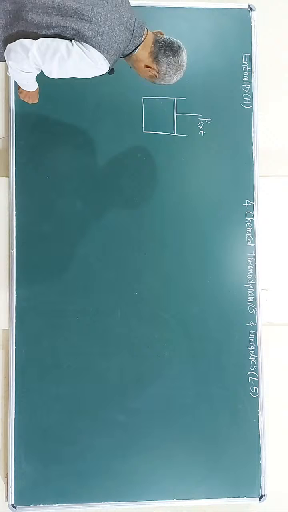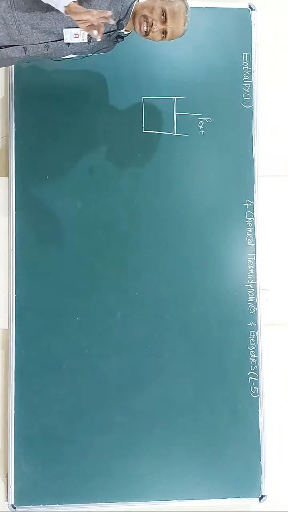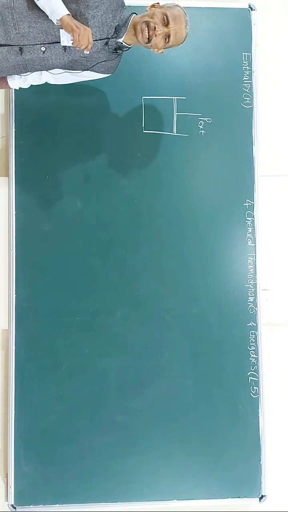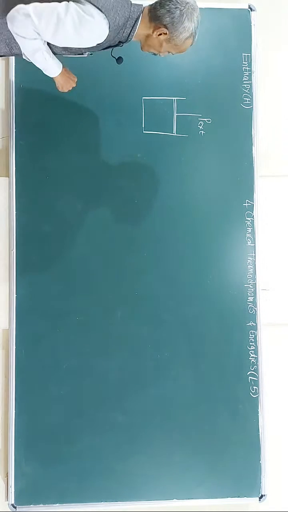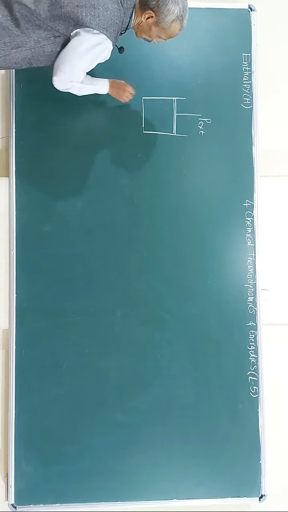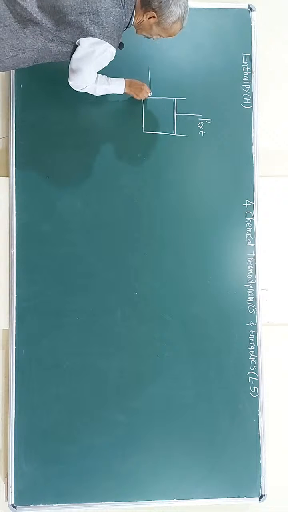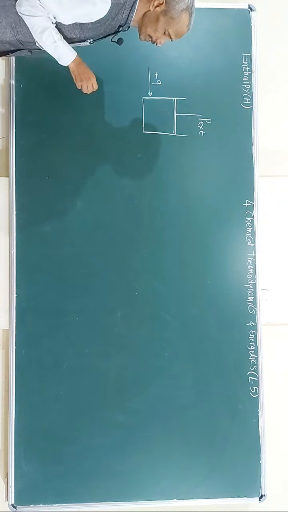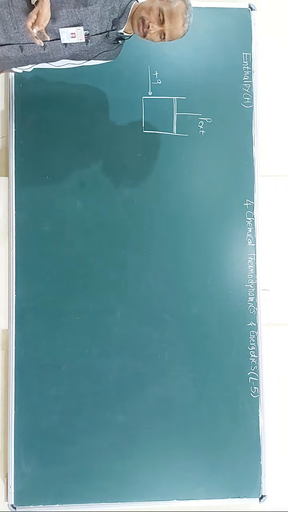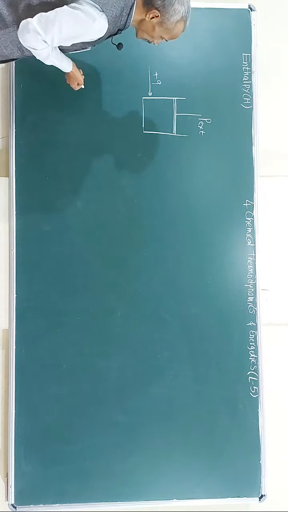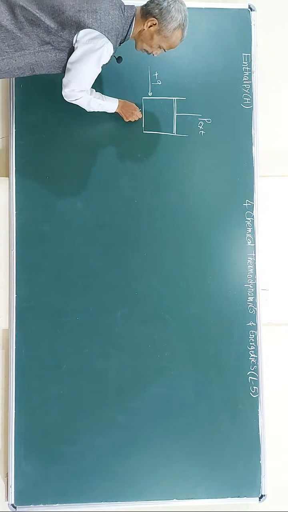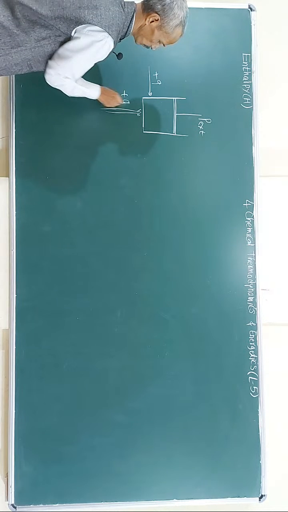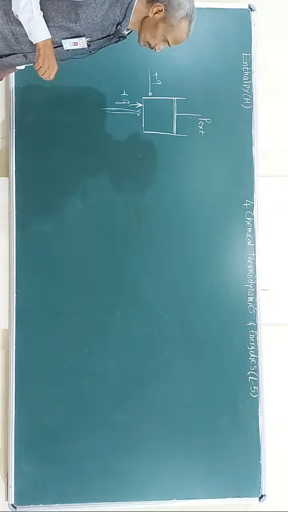In such a situation, the system is said to be in a particular state, the initial state. Then if some heat, plus Q, is added to the system, what happens?